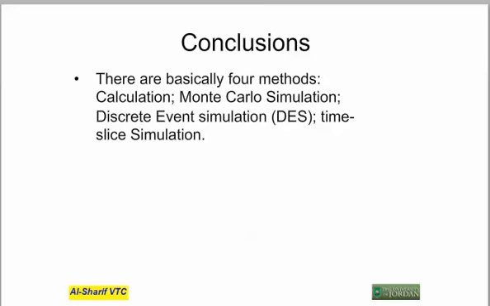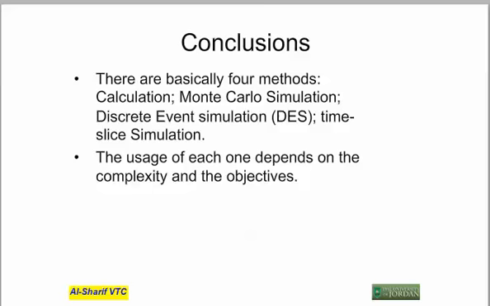There are 4 methods: 2 calculation tools, which are analytical-based calculation methods and Monte Carlo simulation, or we can use simulation tools: discrete-event simulation, which is suitable only for discrete events, or time-slice simulation, which is suitable for both continuous and discrete systems.